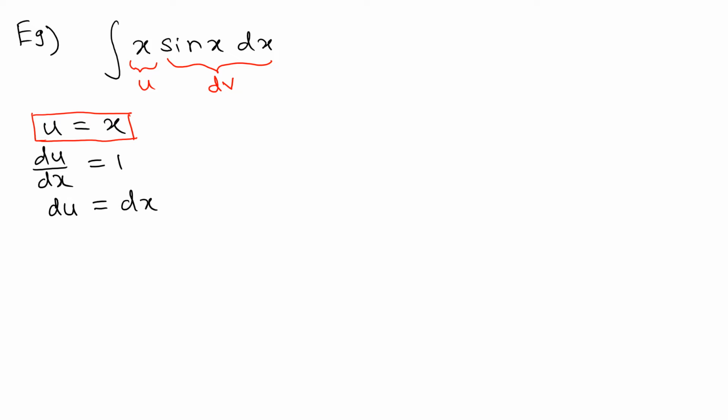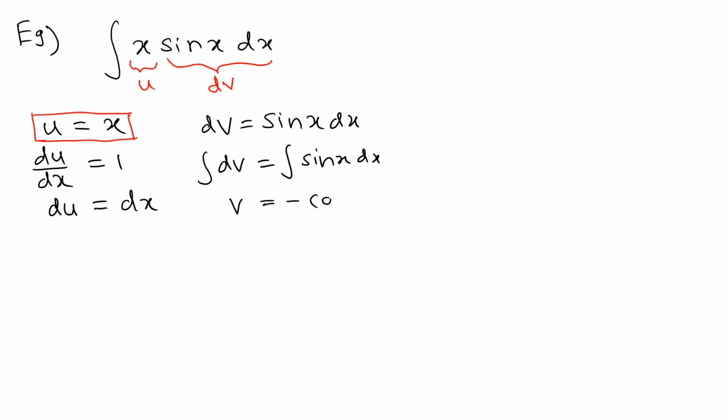For the other one, we have dv is sin x dx. So here we take the integral. We integrate both sides. We can integrate dv, and we can integrate sin x dx. If you integrate dv, you get v. And the integral of sine is negative cosine.